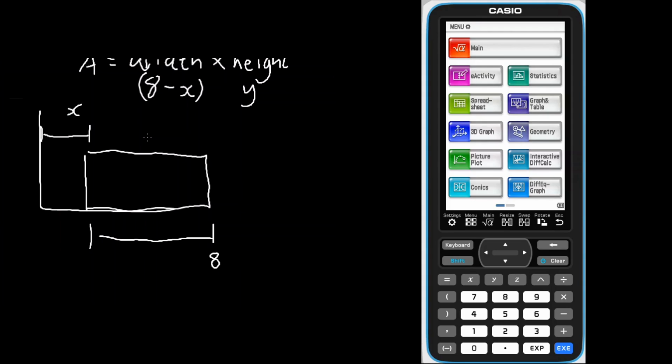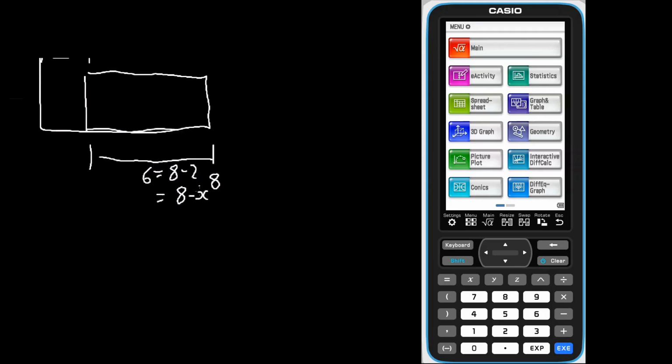Now it's a bit confusing. Let's say it's the number 2. Well then the width should be 6, right? So how do we get that? We said 6 is equal to 8 minus 2. But let's take the number out and put in just that variable.